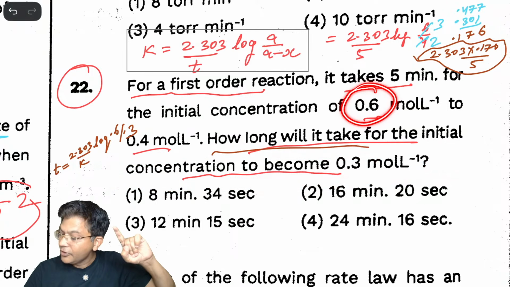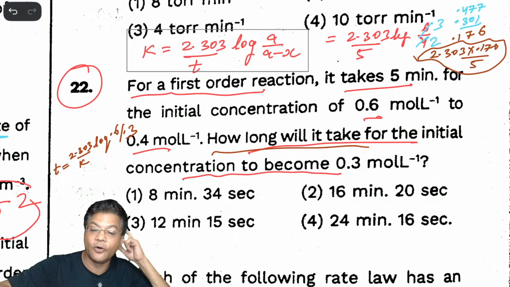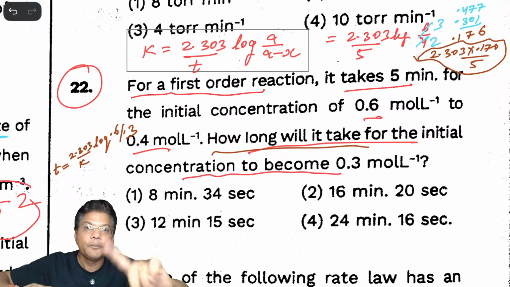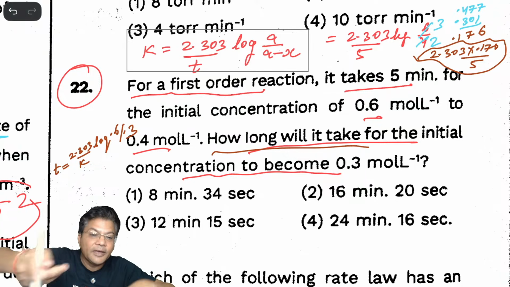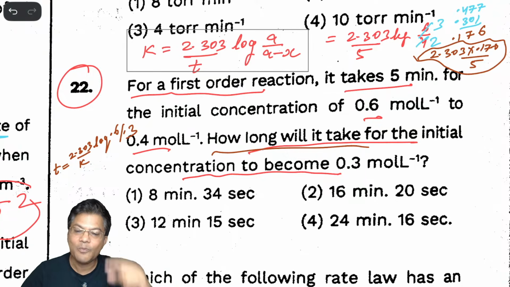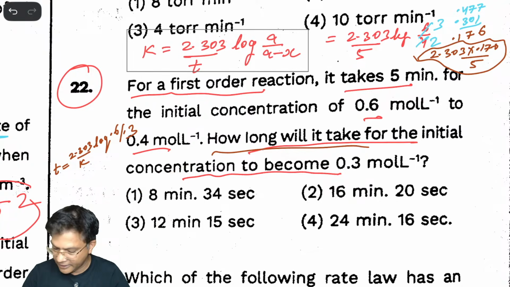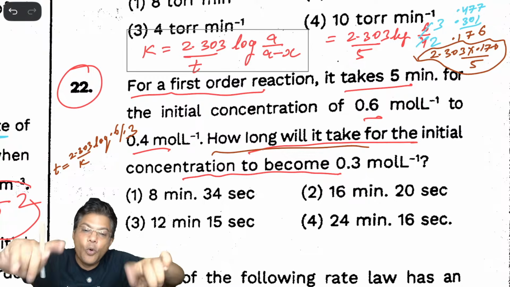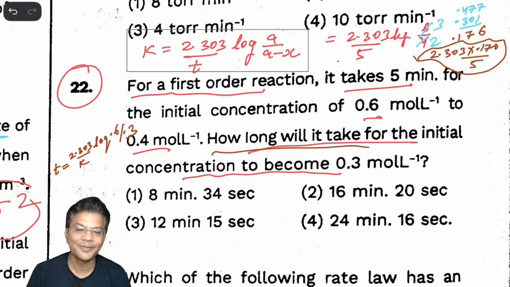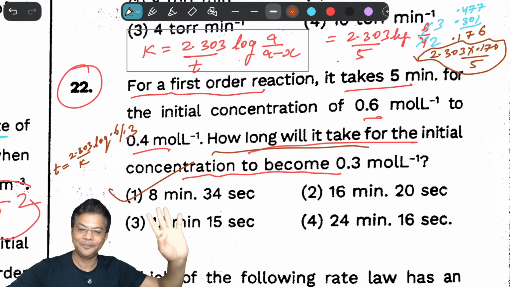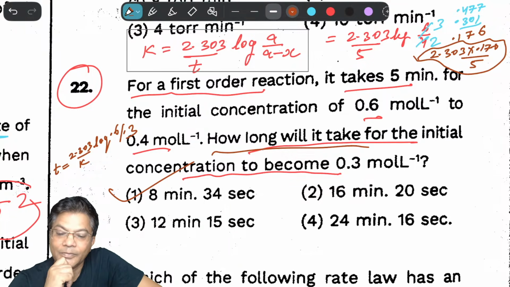From 0.6 to 0.3, so they are talking about T half only. So it will be more than 5 but close to 5. More than 5 and close to 5, only one value is there, and that is your answer, 8.